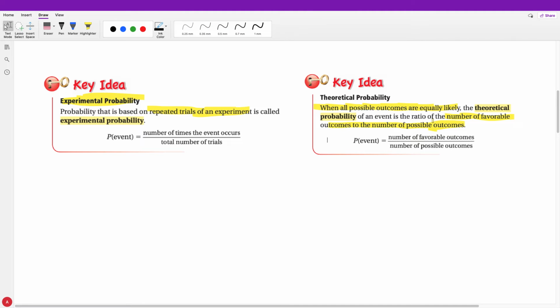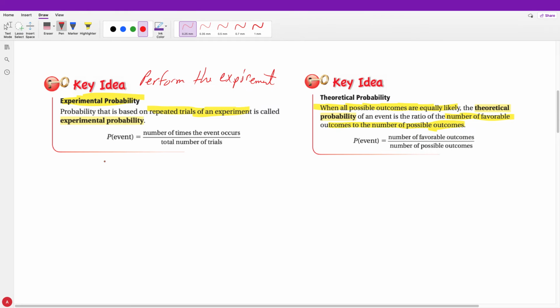So you see, when we're doing experimental probability, we actually perform the experiment over and over again, and then we can look at the results and talk about the probability of each event based on our experiment. Whereas with theoretical probability, we're not actually performing any experiments. We're just saying, all of these have equally likely outcomes, so what will be the odds of this?